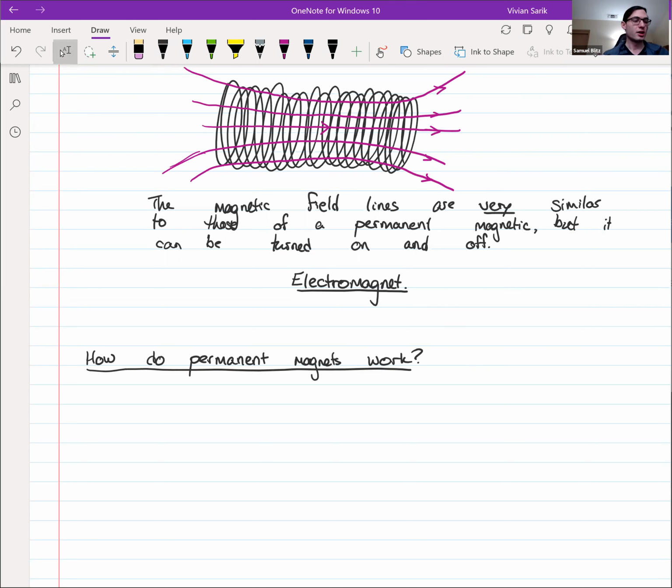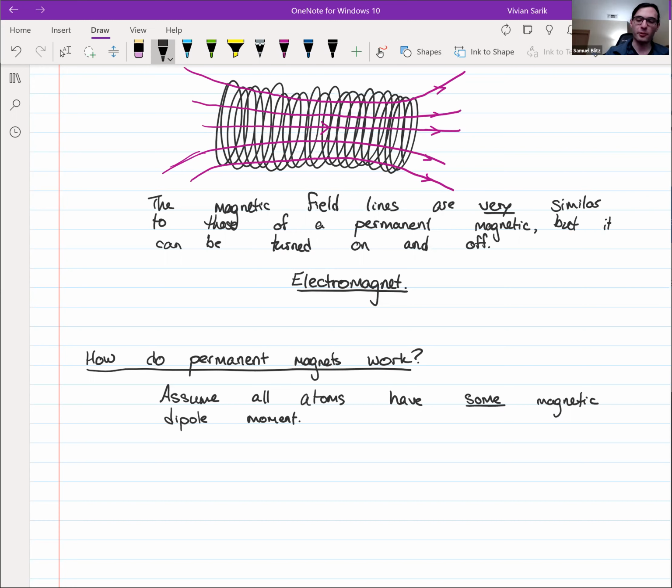So for the sake of this course, we're going to assume that all atoms have some magnetic dipole moment. It's not actually true that they all do, but most atoms will have some amount of magnetic dipole moment.